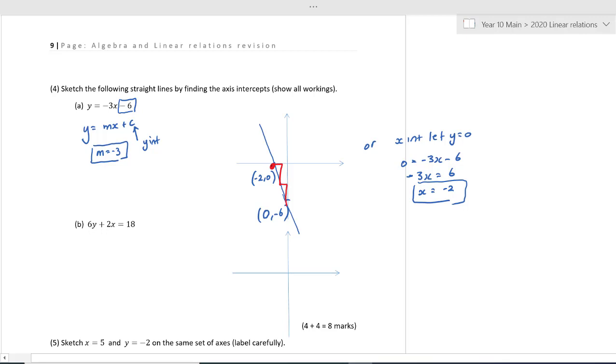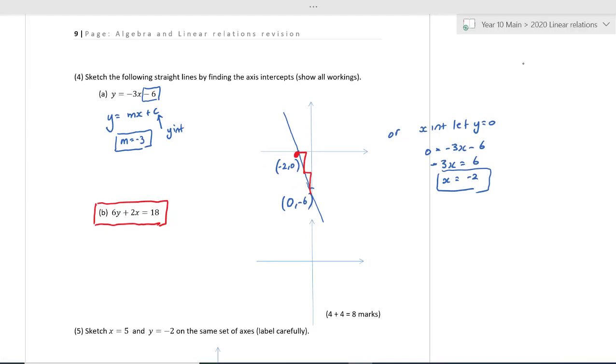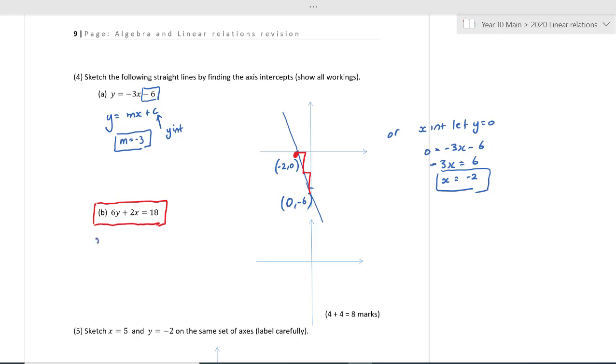Now, over here, when it's in this form, my advice would be, yes, you could rearrange the equation. I have no doubt about that, and that's going to be easy to find the intercept. But why don't we just do it like this? Leave it. We know it's a linear equation in disguise. Why don't we just find the x-intercept by letting y = 0?